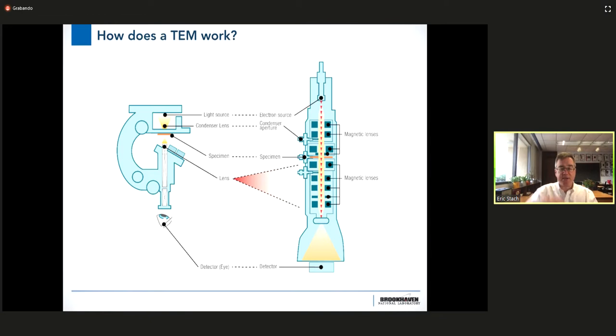And in this case, instead of switching our objective lens to get different magnifications, what we do is change the relative strength of these series of lenses below the objective in order to magnify the overall image that we see. And in this case, again, instead of having your eye as a detector, we use specific types of media that interact with electrons in order to provide an image or diffraction pattern. So that's a TEM. That's how it works.